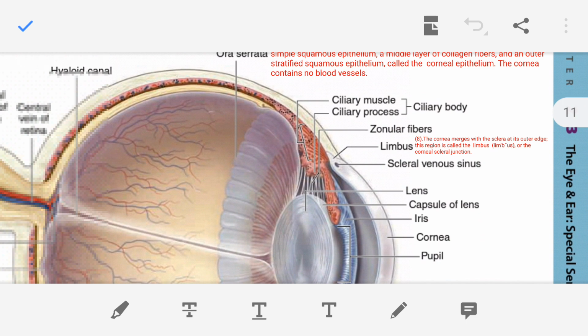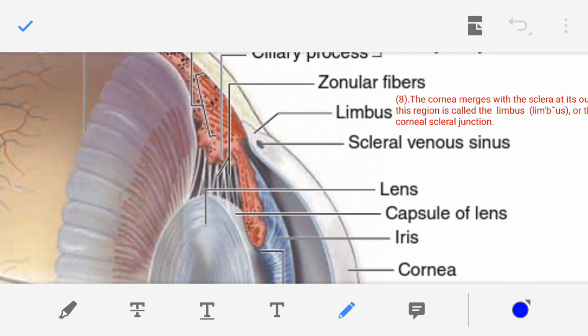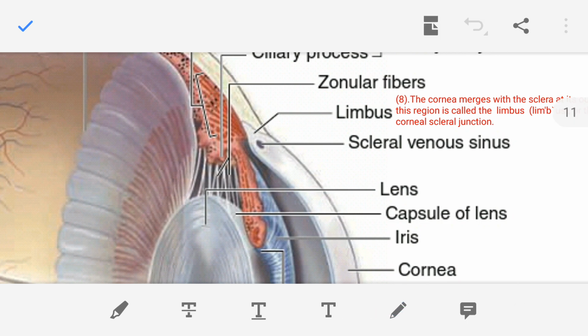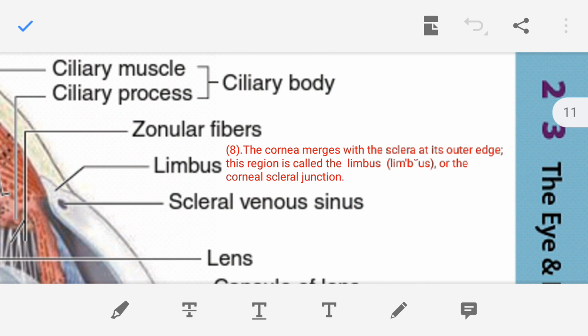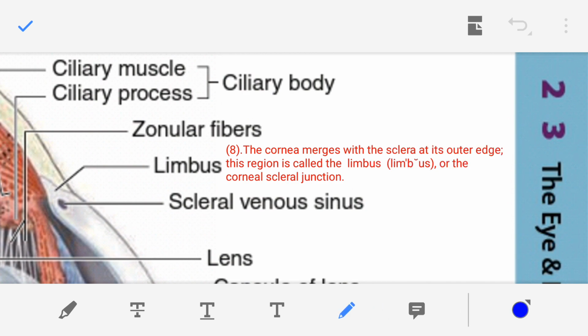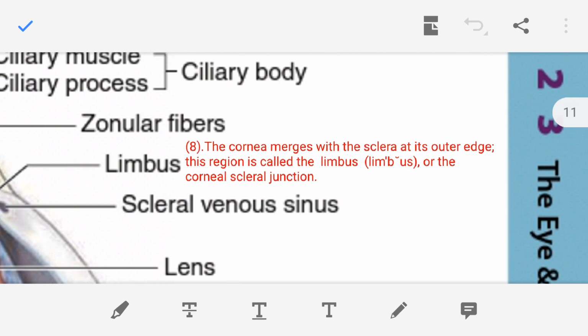Here in the figure you can see this one is the cornea and this is the sclera. They merge at the limbus. The limbus is also known as the corneal scleral junction.